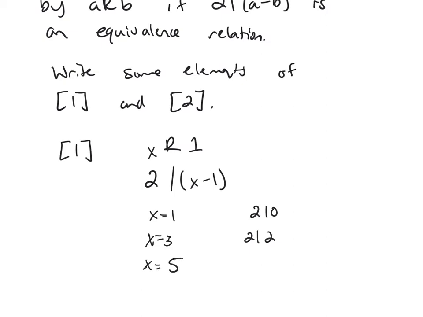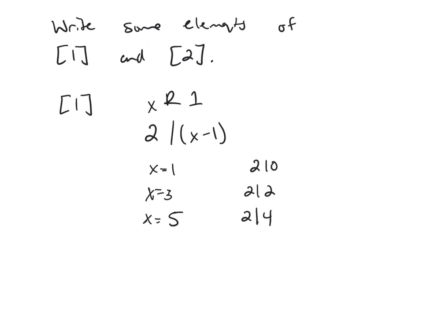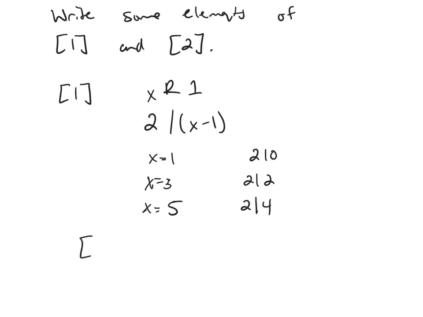If x equals 5, 2 divides 4, which is true. So some of the elements in the equivalence class for 1 would be 1, 3, 5. And this is actually an infinite equivalence class, so there are numbers smaller than 1 as well. But there I found 3 elements of the equivalence class for 1.